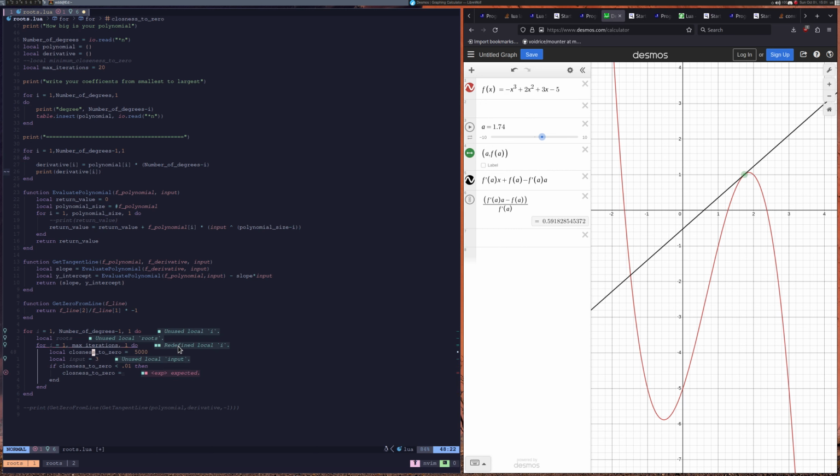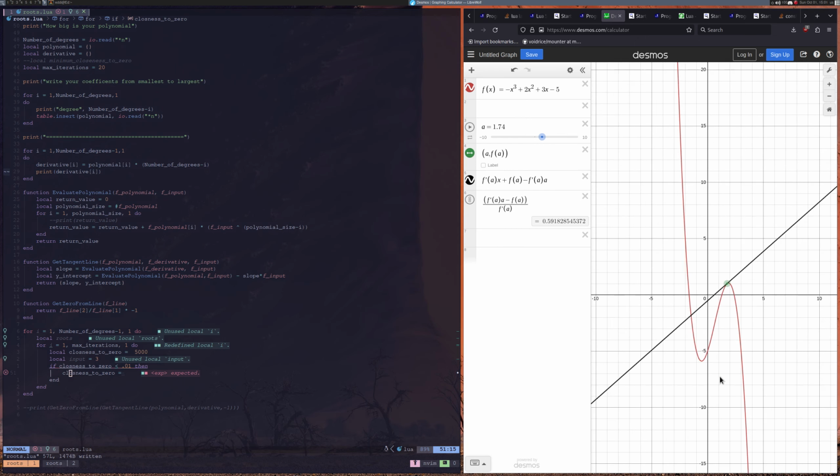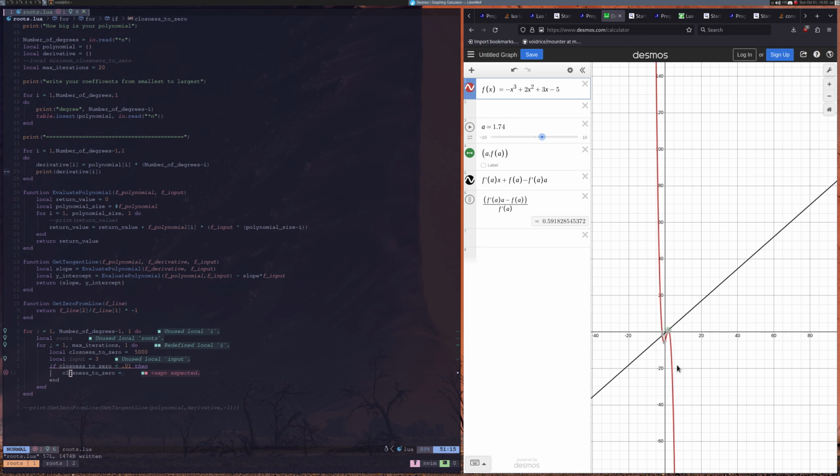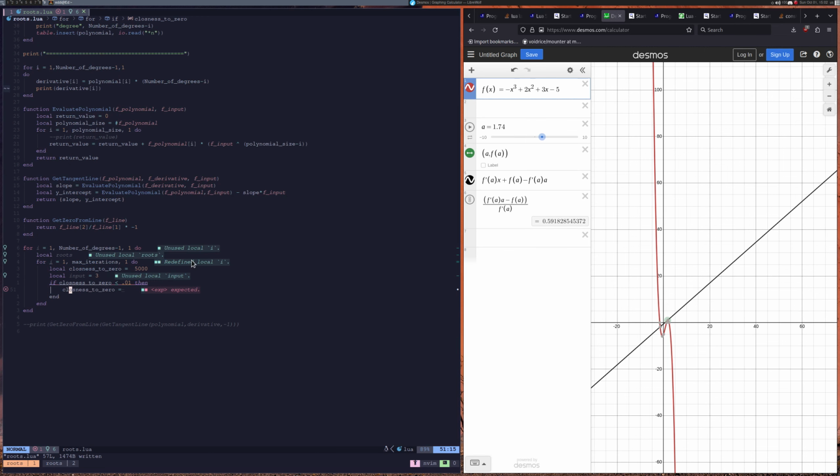Predefined input. All right. How do I know? Is there a way to know when these functions get really big, if they get too big? For now, I'm just gonna say 3. For now, the input is just gonna be 3.